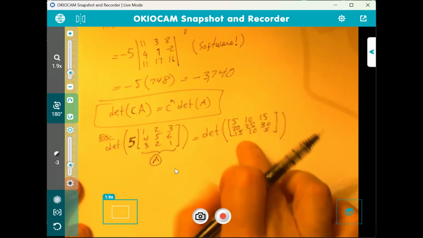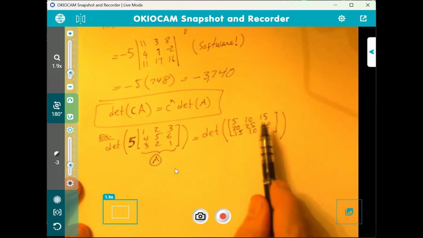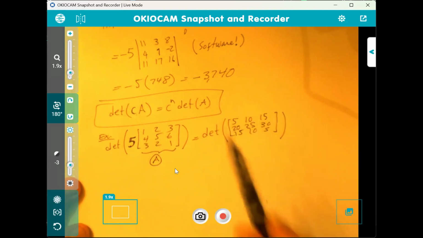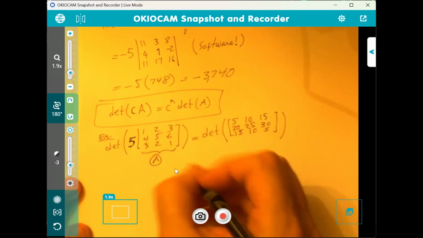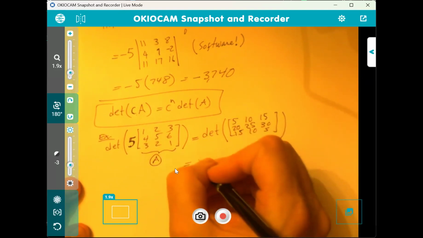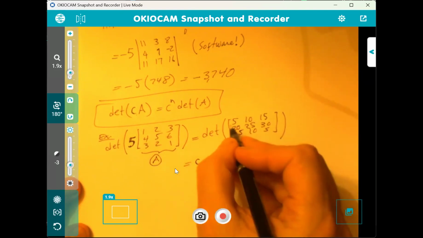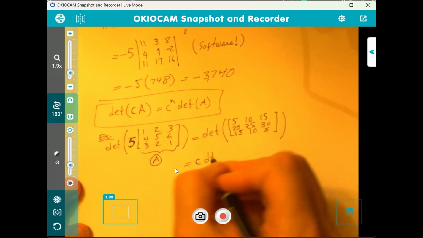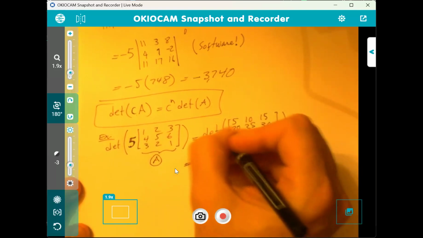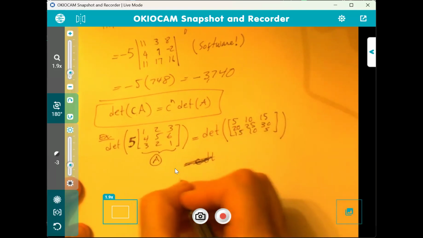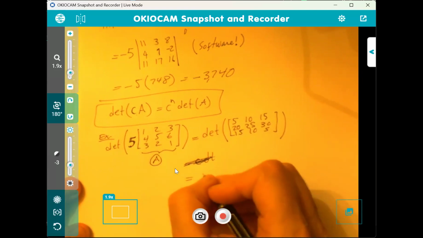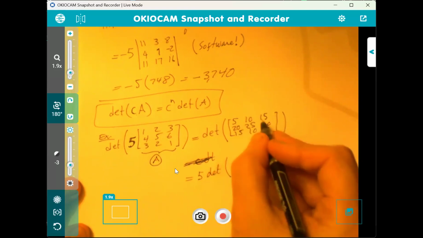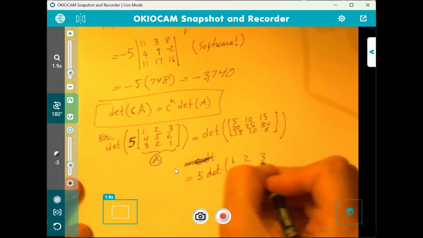Now in here, to the right, I'm going to factor the constant from the first row. And remember the properties of determinants. If you have a constant multiple of a row, you can bring the constant out. Oh, I'm sorry. Let me not put C. I'm factoring a 5 from the first row. So it's going to be 5 times the determinant, where from the first row I get 1, 2, 3.